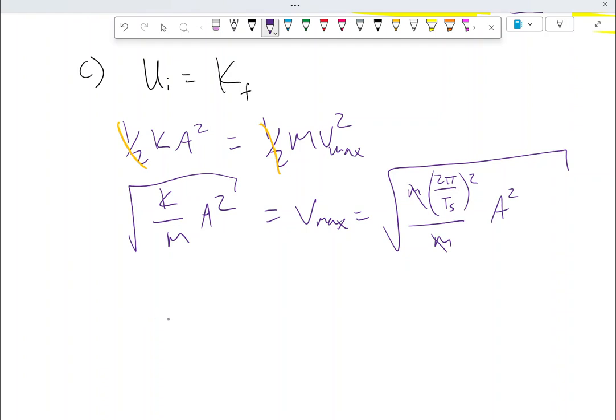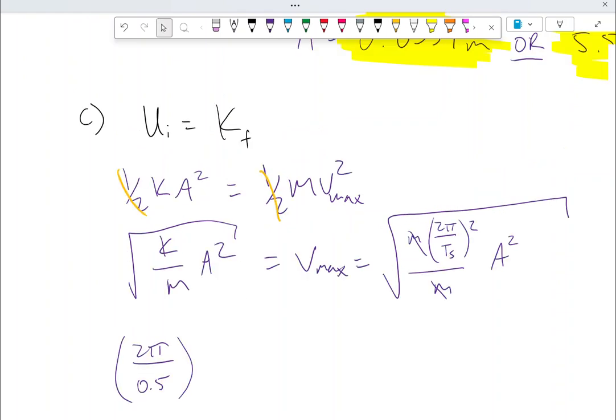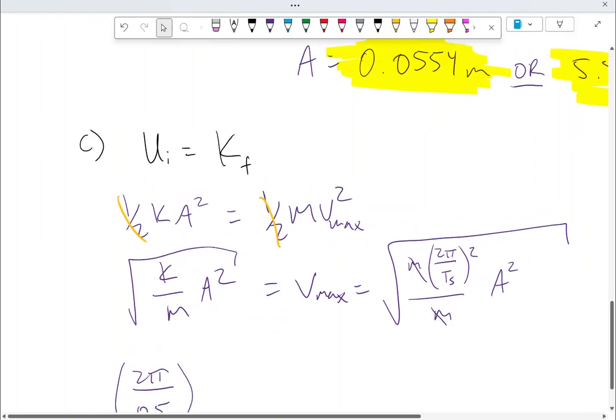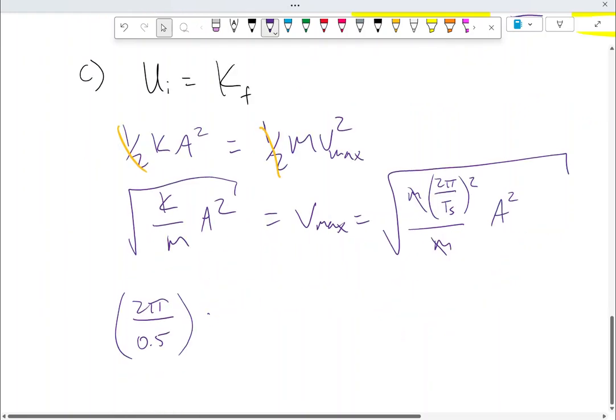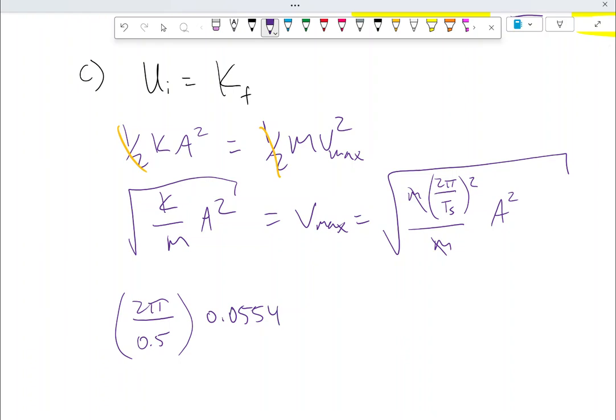And now I'm just going to plug in everything. The square root's going to cancel out everything. So I think it's just going to be 2 pi divided by the period of the spring mass system, which is 0.5, times the amplitude, which I just found. Do I want this in centimeters? Yeah, let's keep it in meters. 0.0554. Again, I'm a paranoid soul. And we'll get v max.